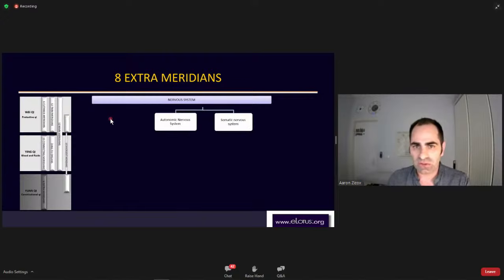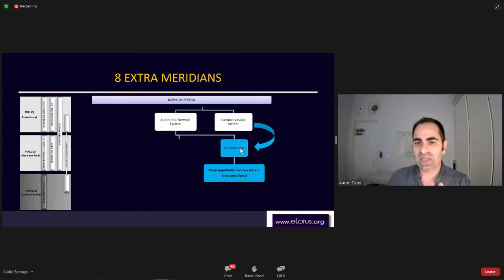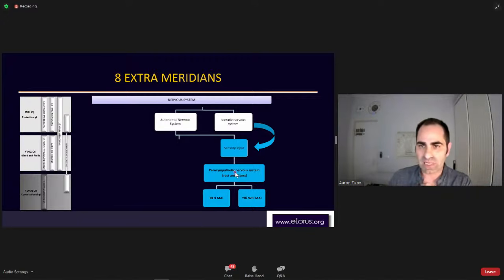Then we talked about the connection to the nervous system, with the somatic nervous system and autonomic nervous system, and how they are connected to the sensory input, and with that to the parasympathetic nervous system, which works on Renmai and Yin Wei Mai from the 8 extra.